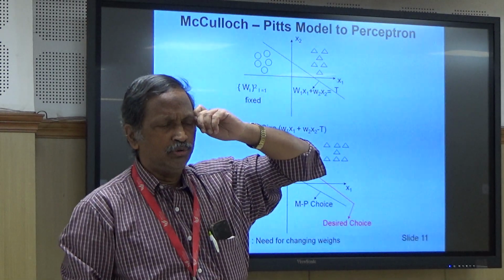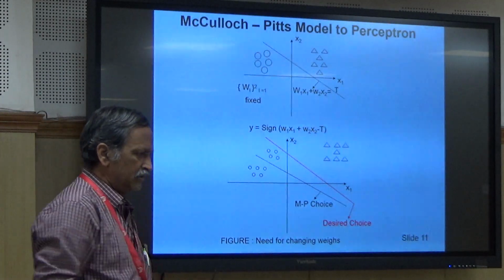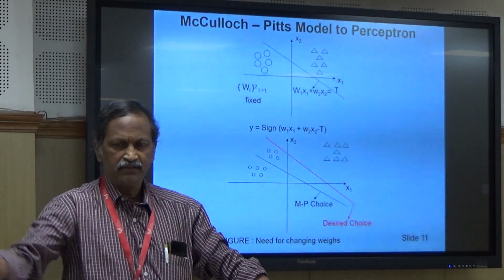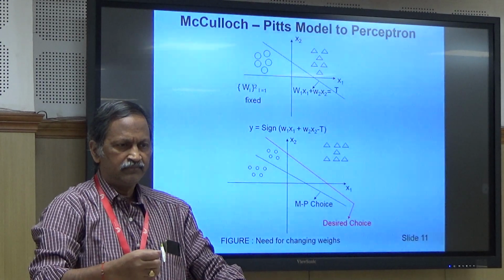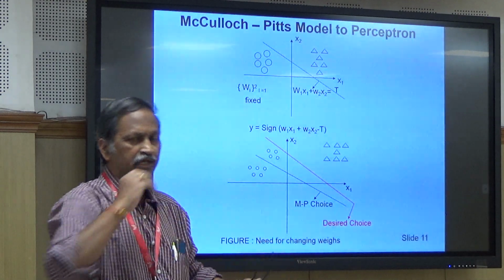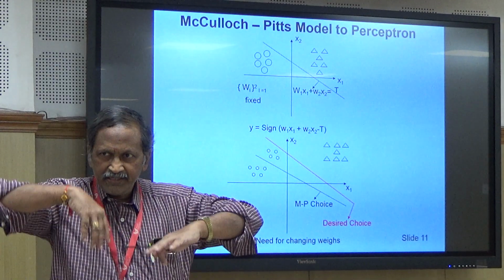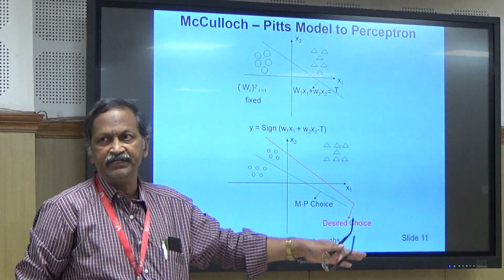And we want to differentiate between them. That is, here is a black box or here is the classifier. You give it a pattern, it says triangle or it says circle. By just looking at the coordinates, it does something to tell you whether it is a triangle or it is a circle.